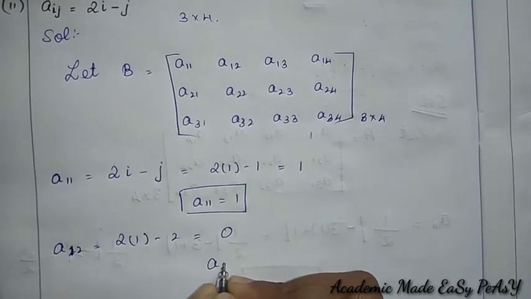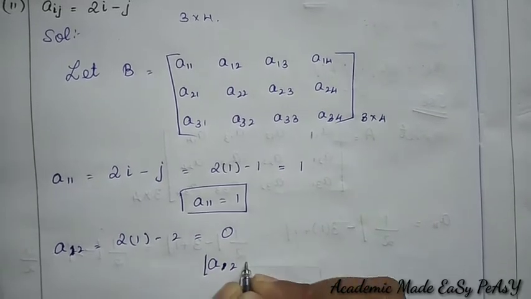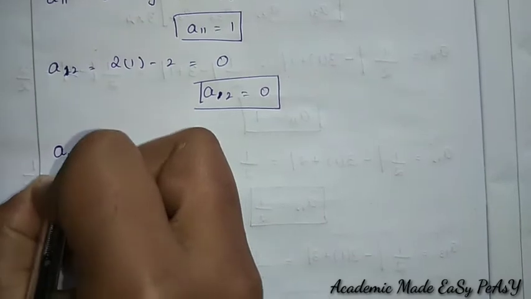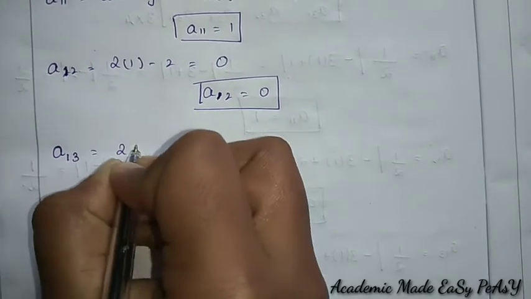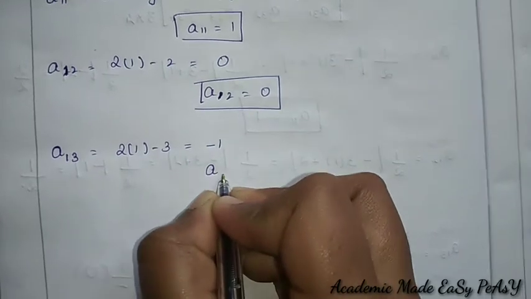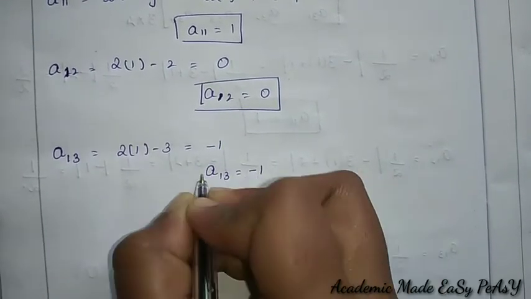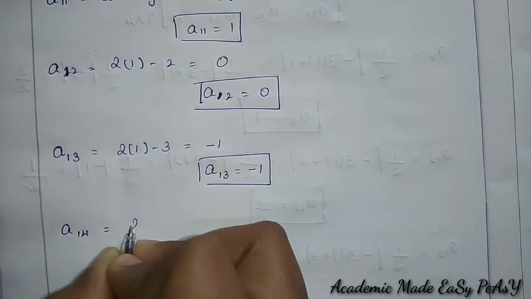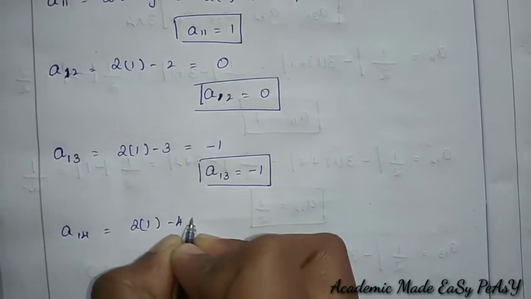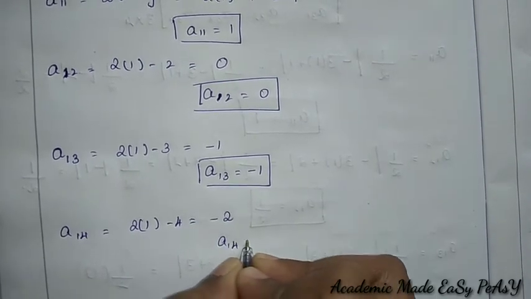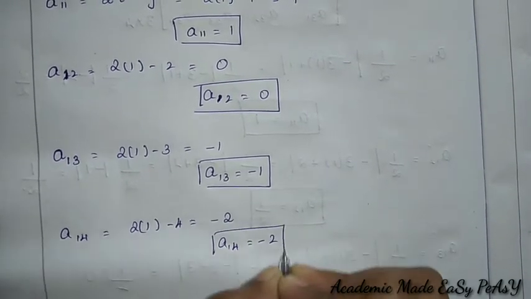Therefore A12 is equal to 0. Next I will move on to A13. 2 into 1 minus 3 is equal to minus 1. So A13 is equal to minus 1. A14 is equal to 2 into 1 minus 4 is equal to minus 2. So A14 is equal to minus 2.